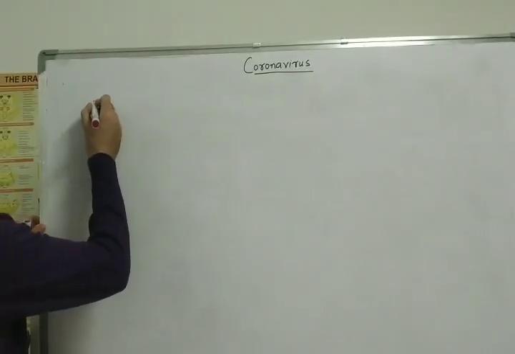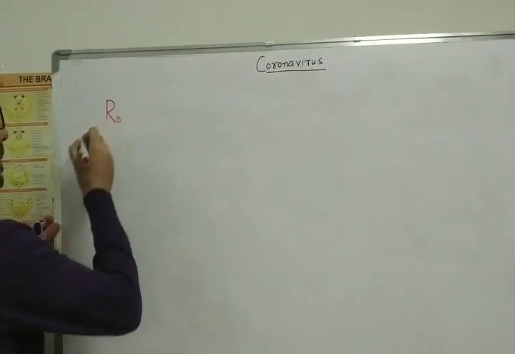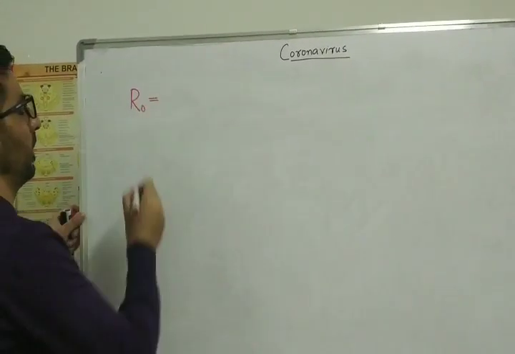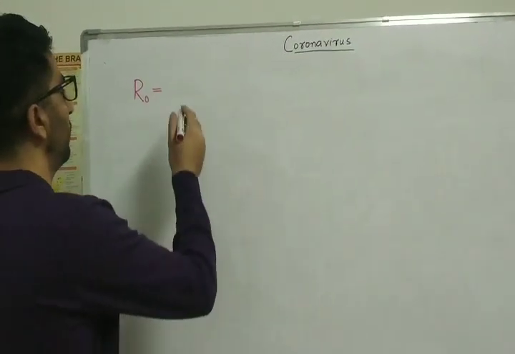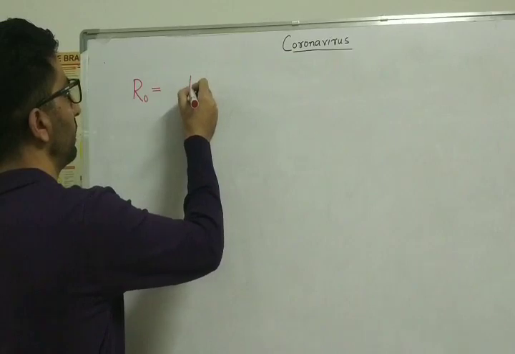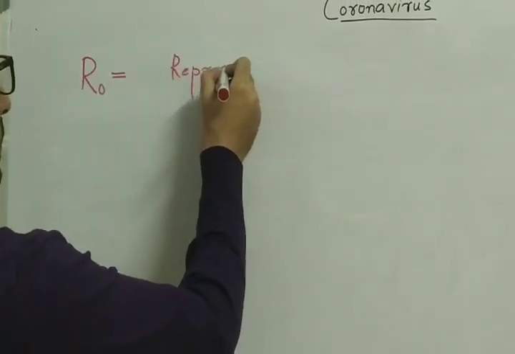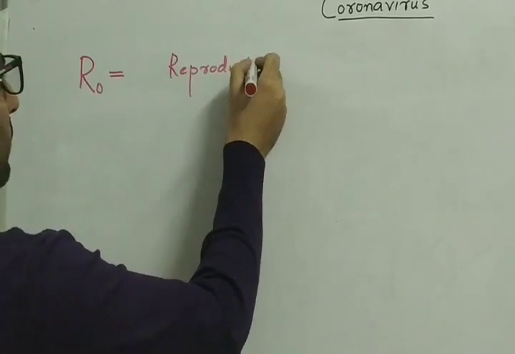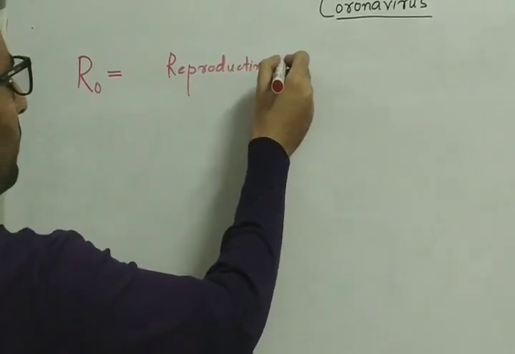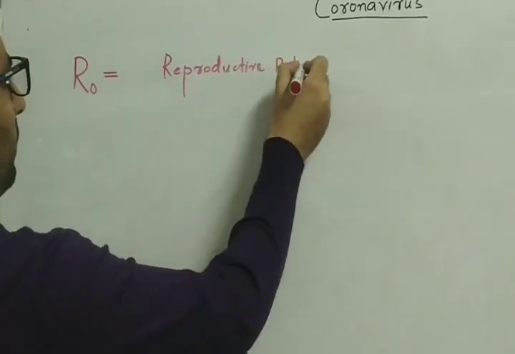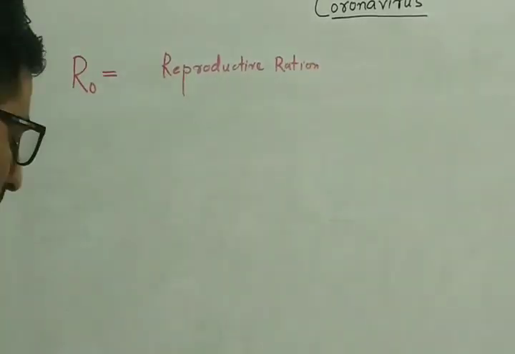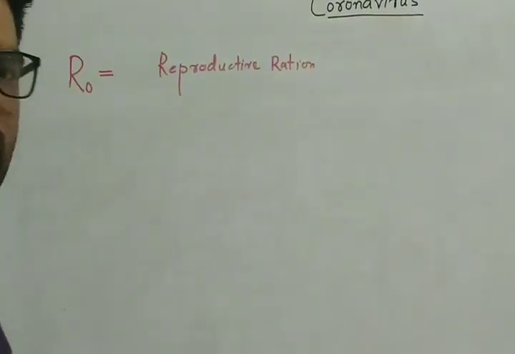So this is called R naught. What's actually R naught? It's called the reproductive ratio, or in other words, the degree of spreadability.